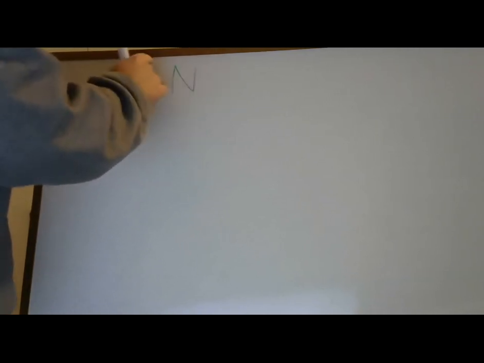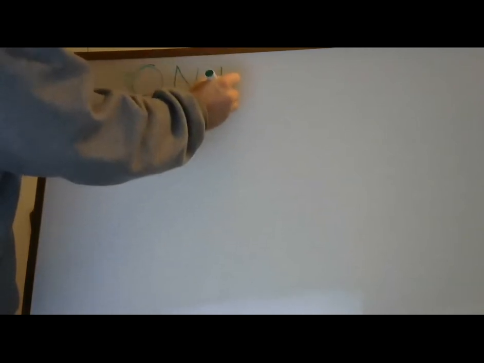So, hydrogen bonds, very, very important for biology, very important for everything. If hydrogen bonding was ever so slightly different, we wouldn't be here. And it is when, for example, oxygen, nitrogen, or fluorine is bound to hydrogen.